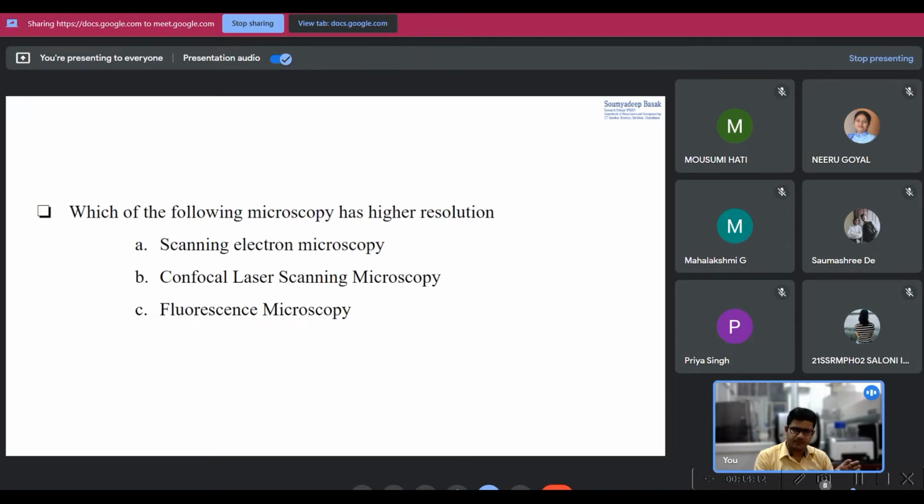What is resolution? It is the ability to define two points separately, right? We have studied about resolution. Which among the following microscopy has a higher resolution?